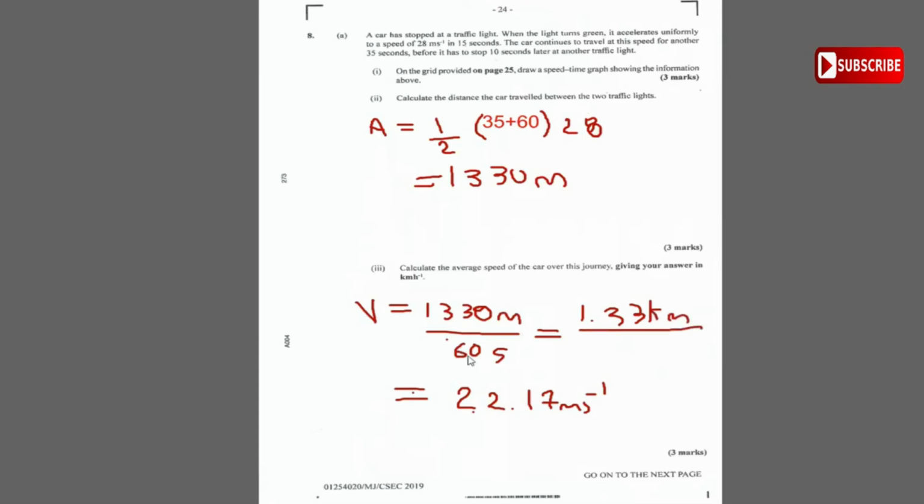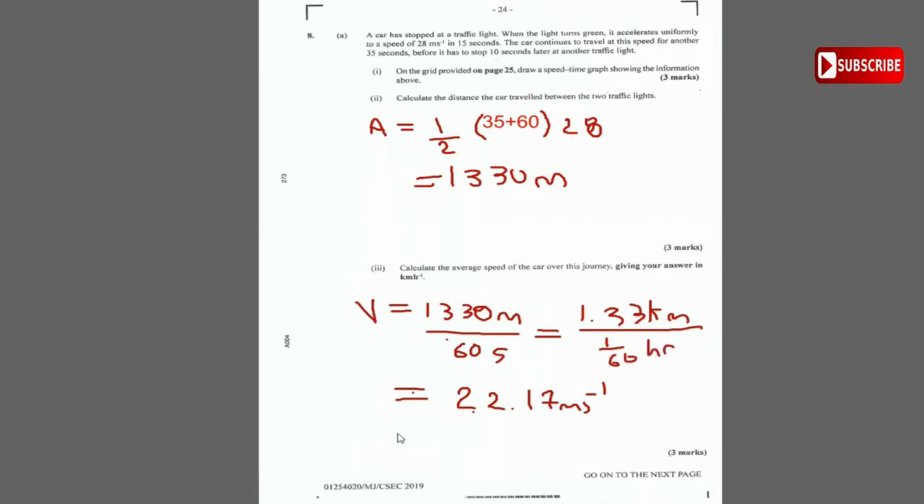You convert 60 seconds to hours: first you convert it to minutes by dividing 60 seconds by 60, which is 1 minute. Then you divide it by 60 again, so this is really 1 over 60 of an hour.